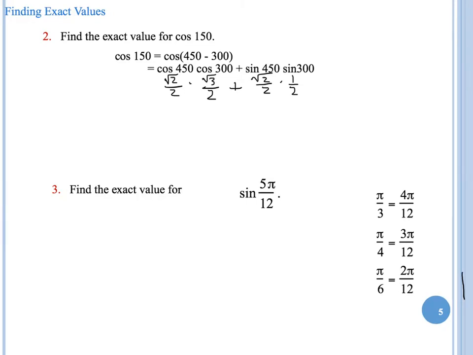And this is looking awfully similar to what we just did, square root of 6 over 4 plus the square root of 2 over 4.